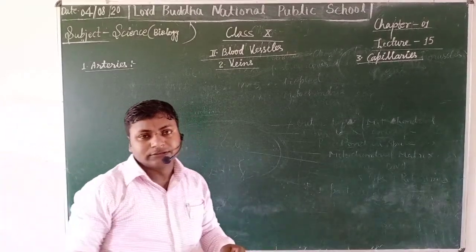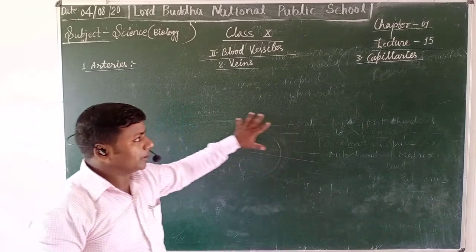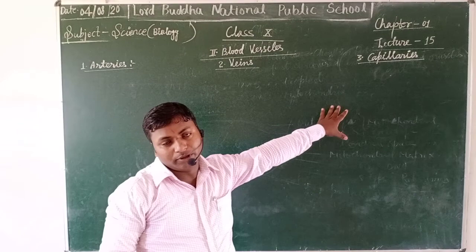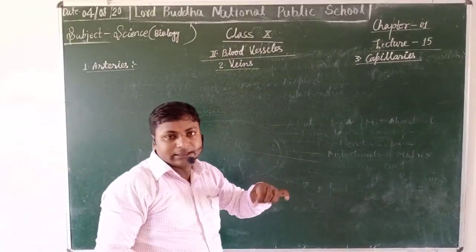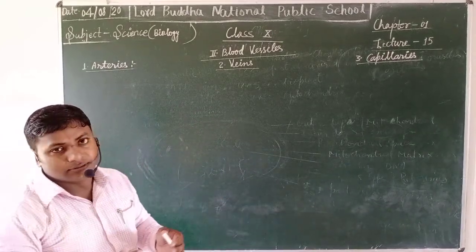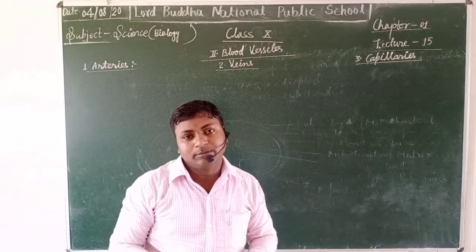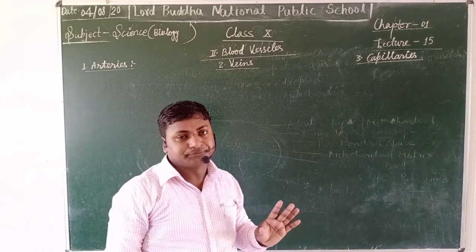Arteries are thick-walled blood vessels. In comparison with the other two blood vessels, the wall of arteries is comparatively thick. They always carry oxygenated blood from the heart to all parts of the body.